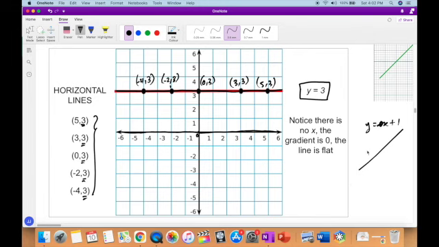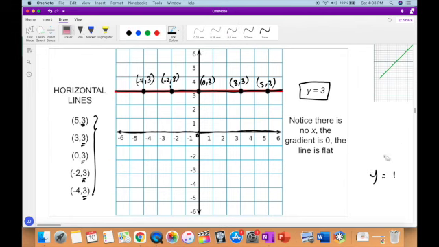Or negative 1, you get a gradient of negative 1. But a horizontal line has no gradient. It's flat. So because it's flat, we could say that the number in front of x is actually 0. The gradient is 0, so therefore it has no x. That x is gone, you just end up with y is equal to whatever number the line is.